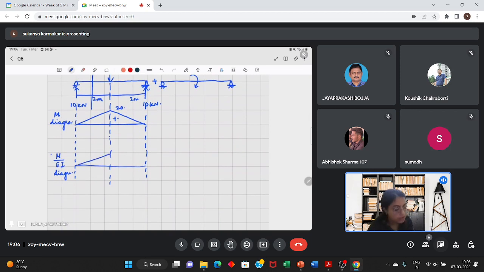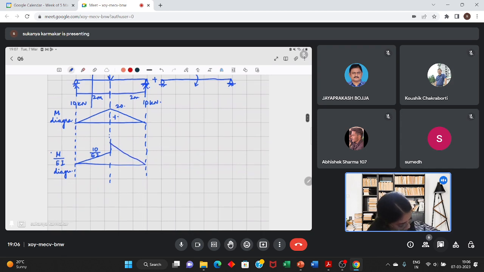So in the left portion, it is 2I. So 20 divided by 2EI. So it becomes 10 by EI. And in the right hand portion from B to C, the moment of inertia is I. So 20 divided by EI.